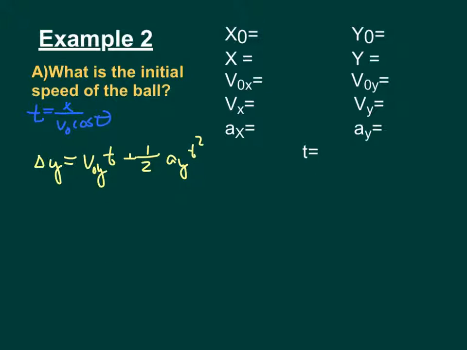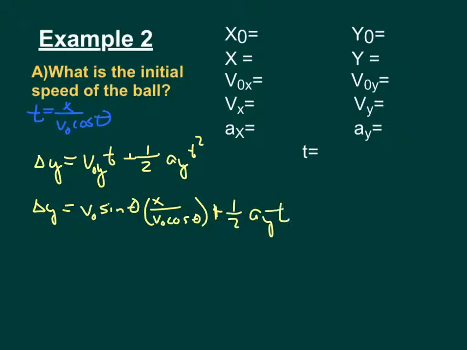Okay, so we're plugging in this expression for t, and we get delta y equals v naught sine theta times x over v naught cosine theta plus 1 over 2 a y t squared.